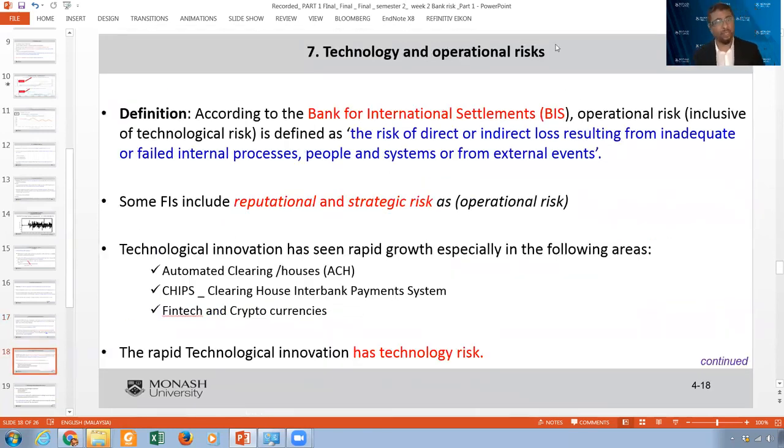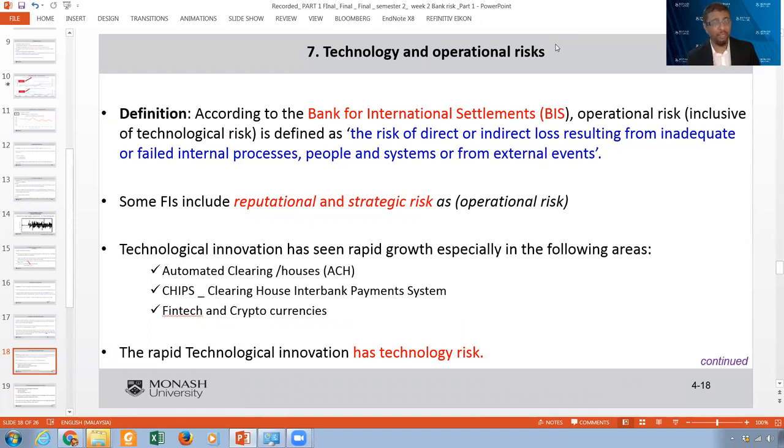Technology and operational risk. This is a very interesting risk. And actually, this comes from the failure of the systems or the people. So we have systems inside the bank that depend on technology. All the systems now are automated, and you can have huge failures.